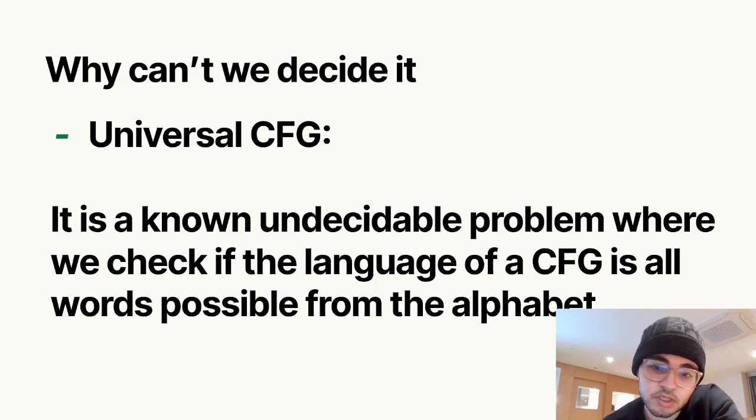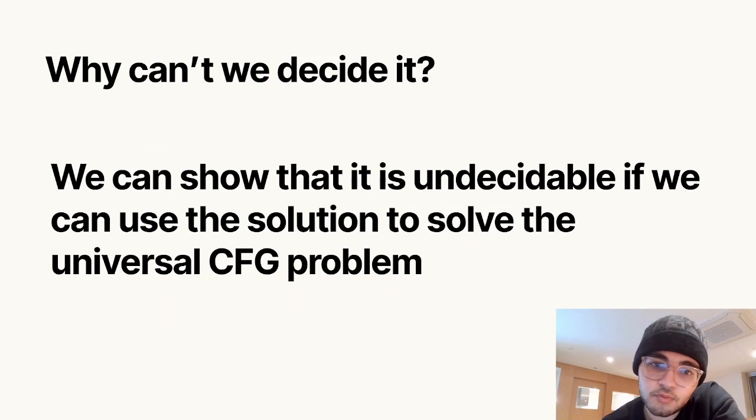Our notation is sigma star. The language of the universal CFG is known to be undecidable. We cannot decide it. However, we can show that if we can solve this necessity problem, we can solve the universal CFG problem. So how can we do it?